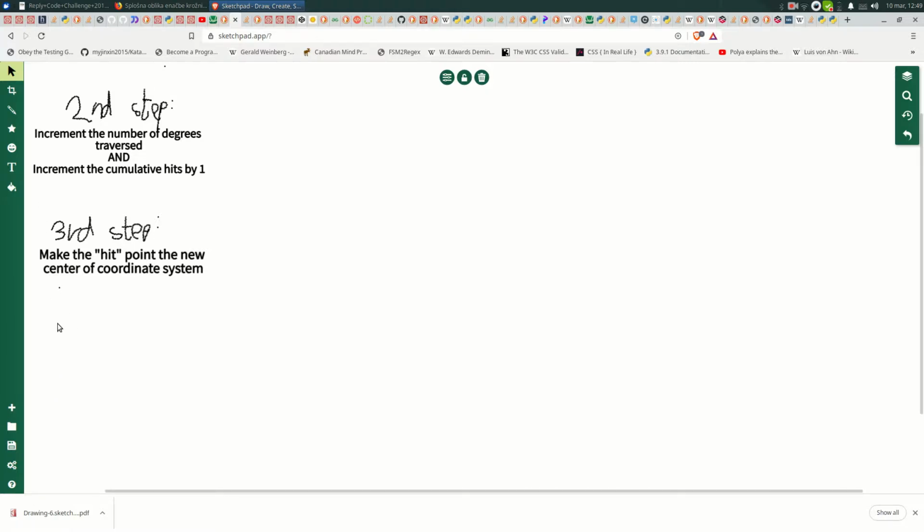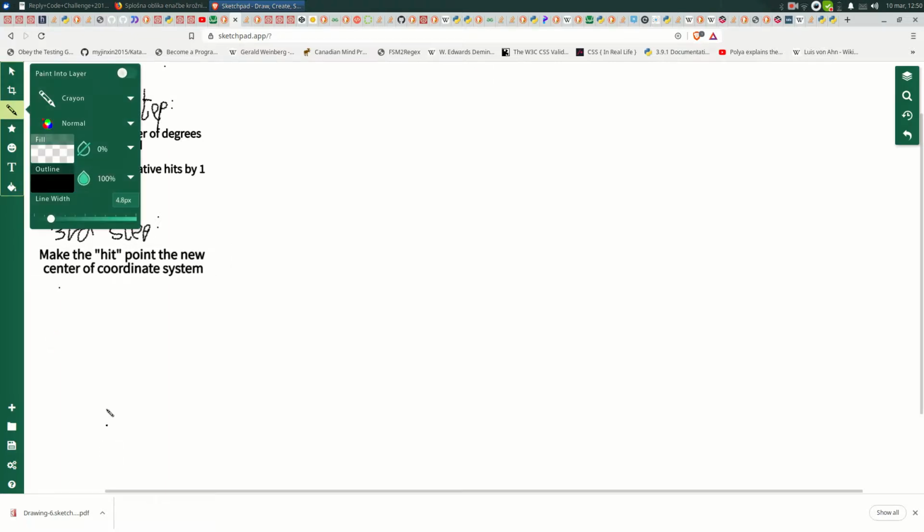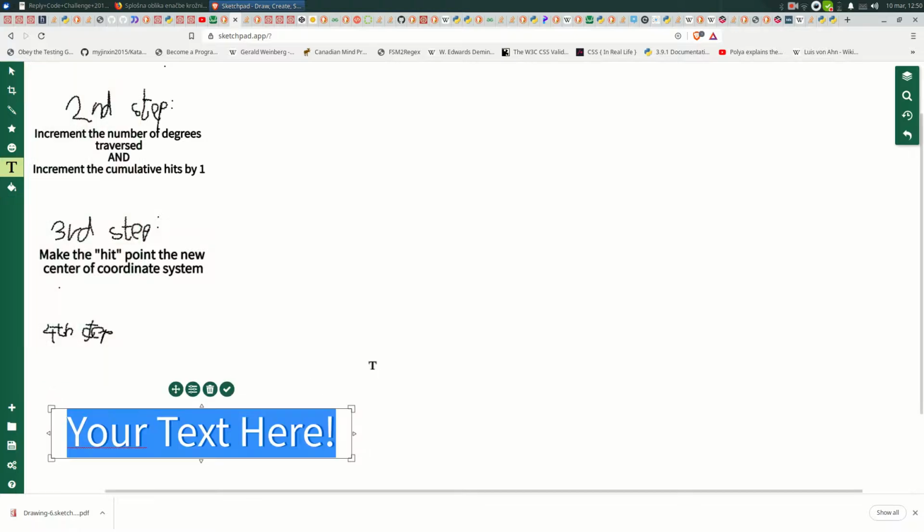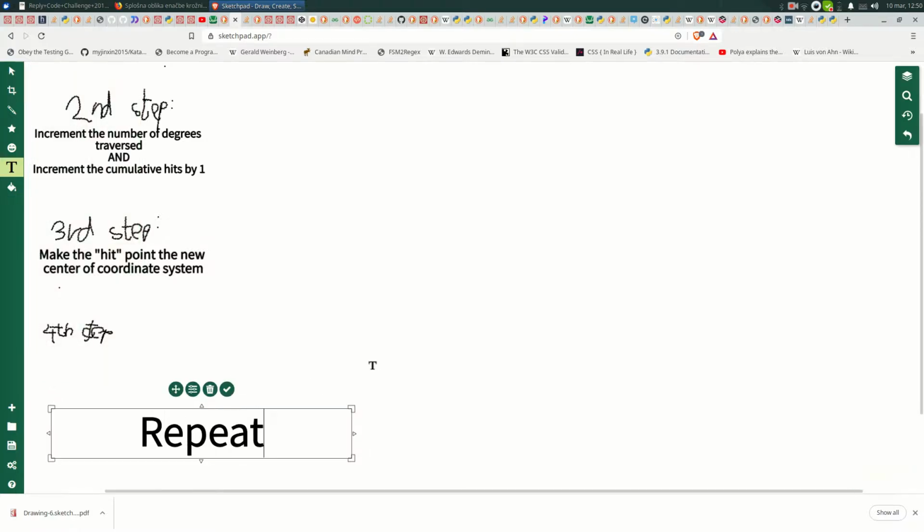fourth step. Fourth step is to just repeat steps 1 through 3 until the number of degrees exceeds 360.